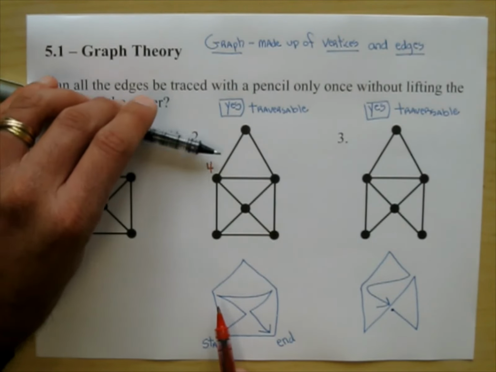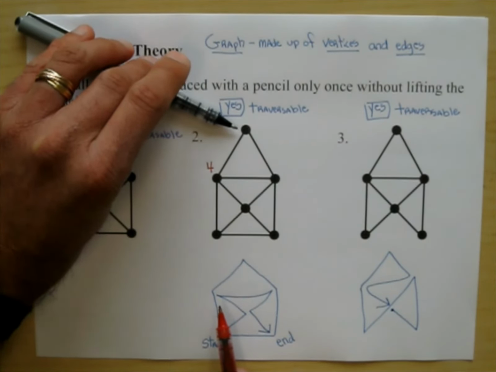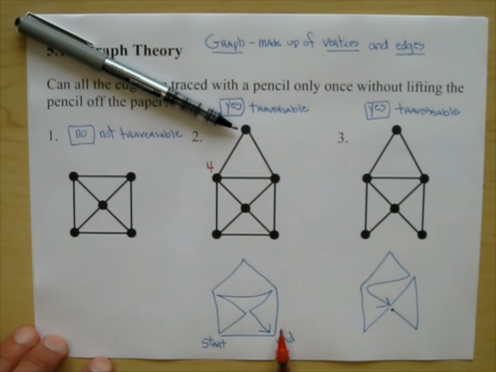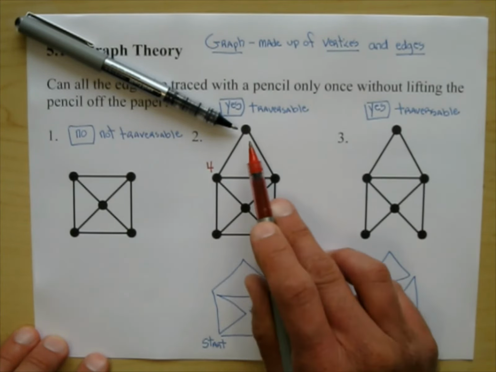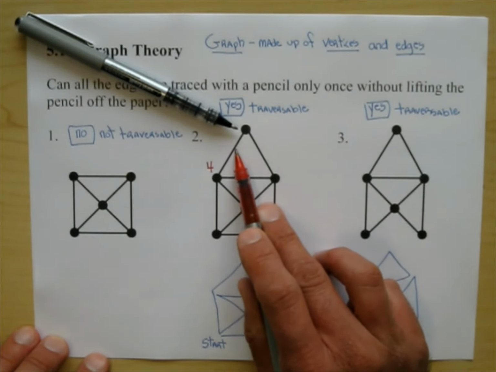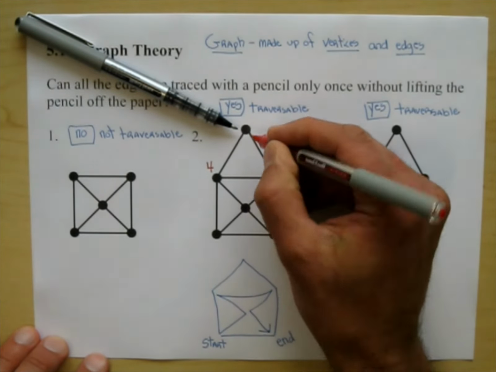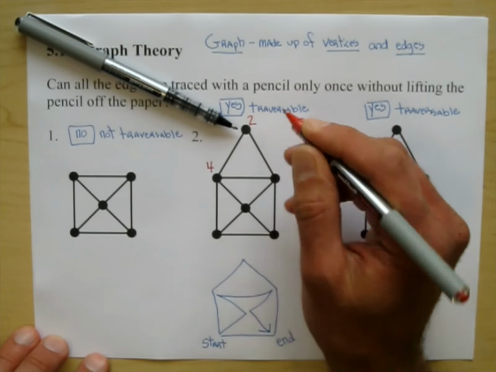Let's take a look at this city up here. Well, when I went on my journey, I came into that city 1 time, and I left that city 1 time, which means if you're looking at that city, how many edges are coming out of that city? Well, 1, 2. So I'm going to put a 2 here.